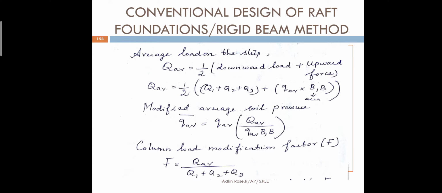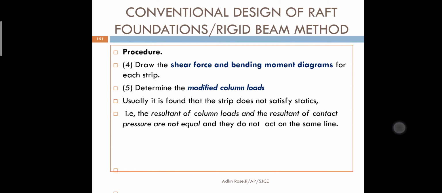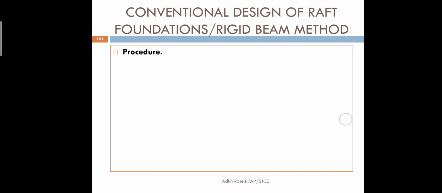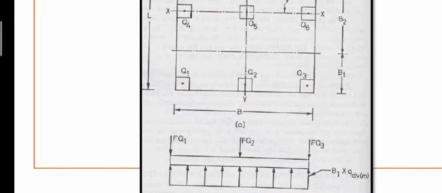Okay, what are the downward loads in the first strip? We are considering only the strip now. First strip, Q1, Q2, Q3 are the column loads acting downward. So Q1 plus Q2 plus Q3 is going to be the downward loads, plus upward force.